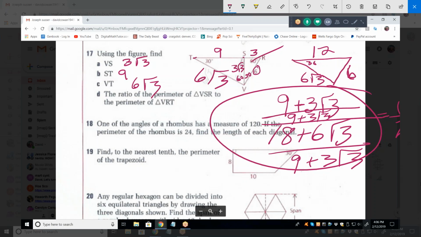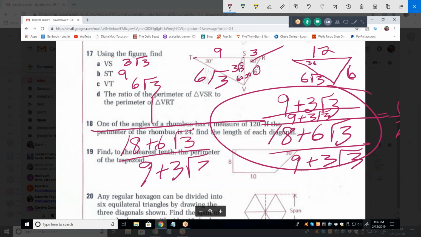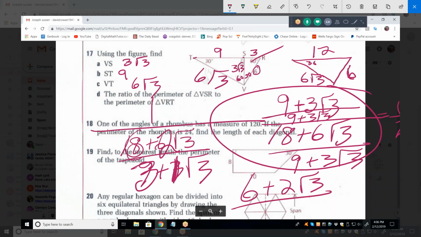That gives you 1 in the top, and now if I take this bottom, I can't divide everything by 9, but I can divide everything by 3, which gives me 6 plus 2 root 3, all over 3 plus 1 root 3.